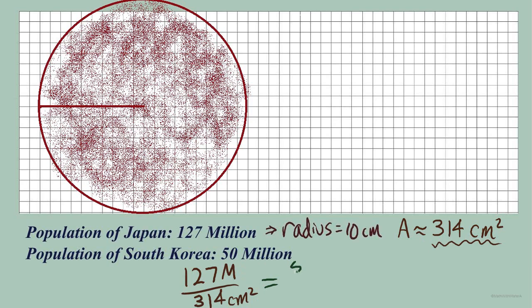So, for South Korea, where the population is 50 million, we're using a proportion to figure out what area we should use. Solving this proportion, we get that the area is about 123.6 square centimeters. So if we're interested in making a circle that will have an area of about 123.6 square centimeters, what kind of radius will we need for this circle?